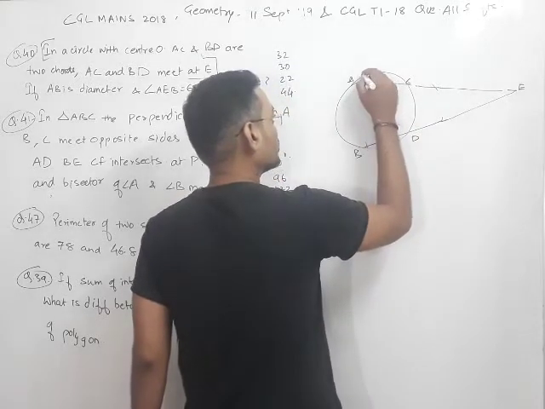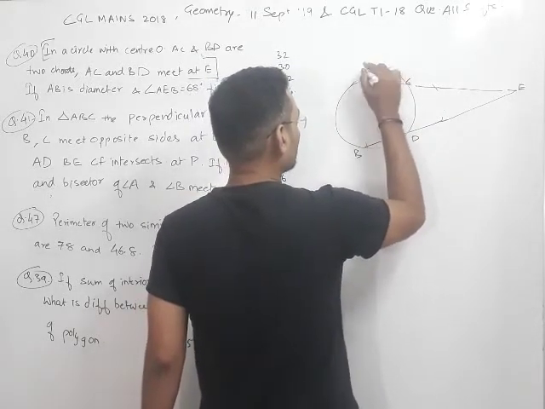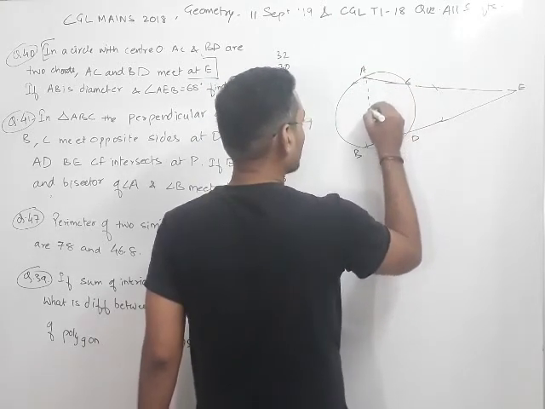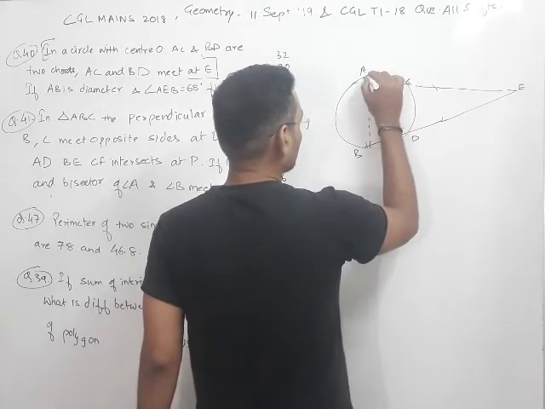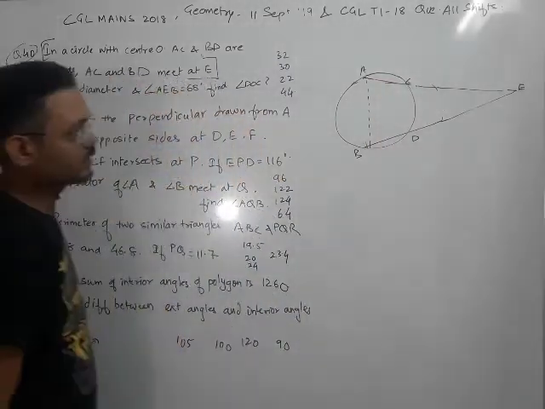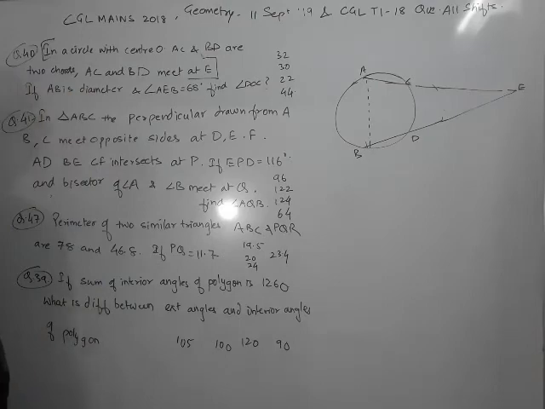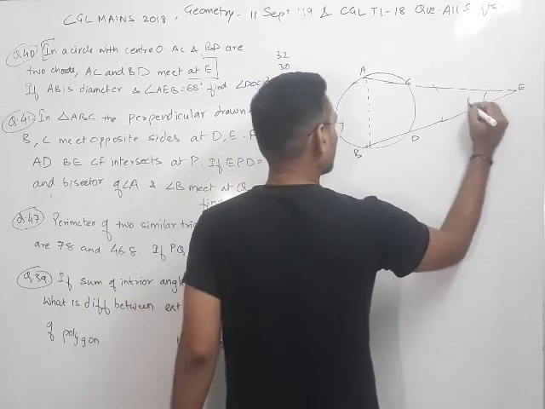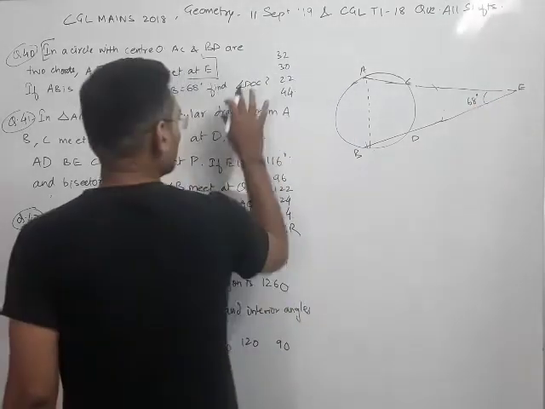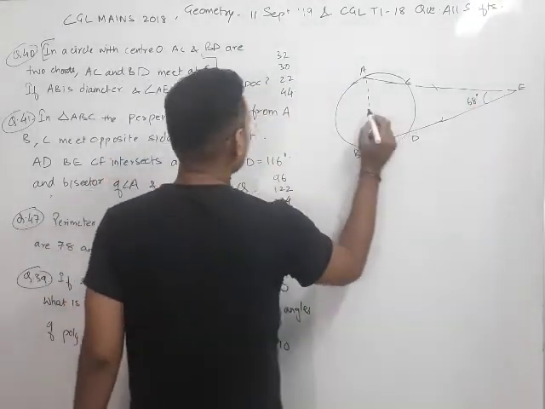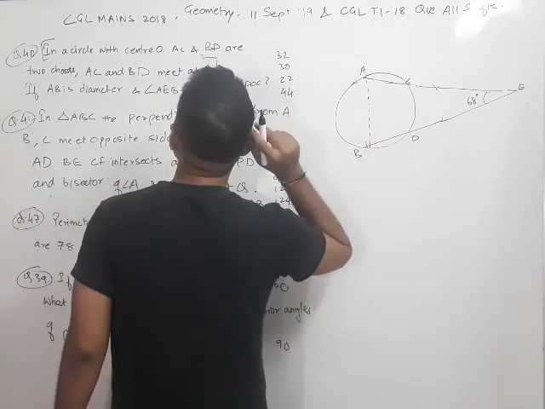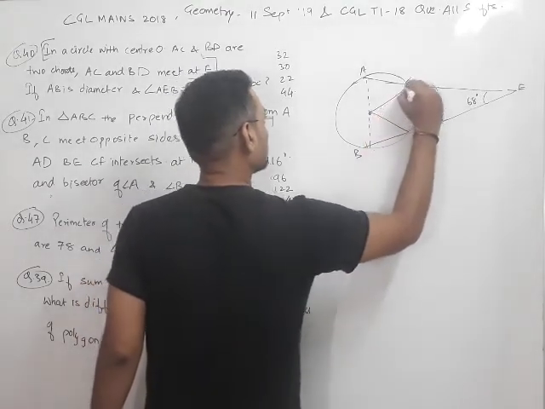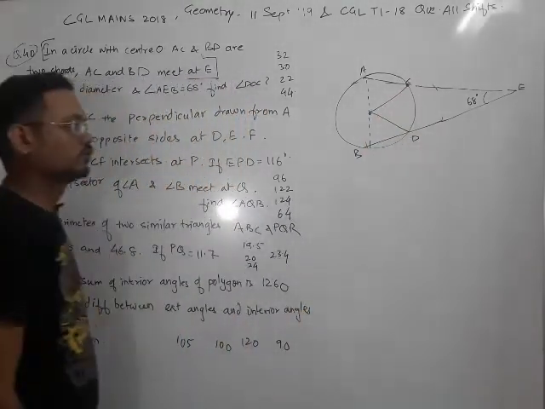Okay, kindly assume this to be A. This is a diameter. So this is the kind of structure. Now angle AEB is 68. Find angle DOC, where O is the center. This is what they have asked for.